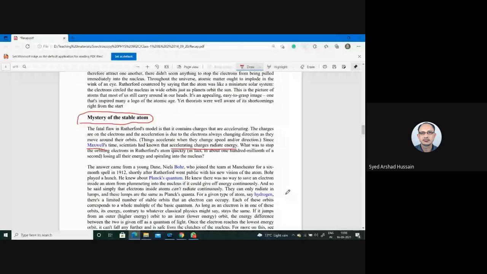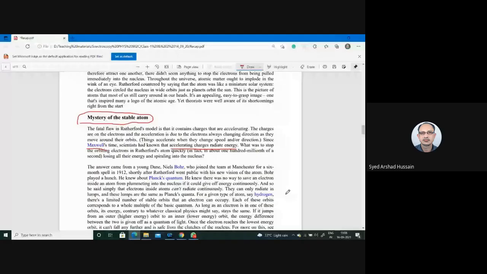So instead of continuous radiation, he suggested that it can radiate in certain conditions, and it will radiate only in lumps, or quantized, not continuously.